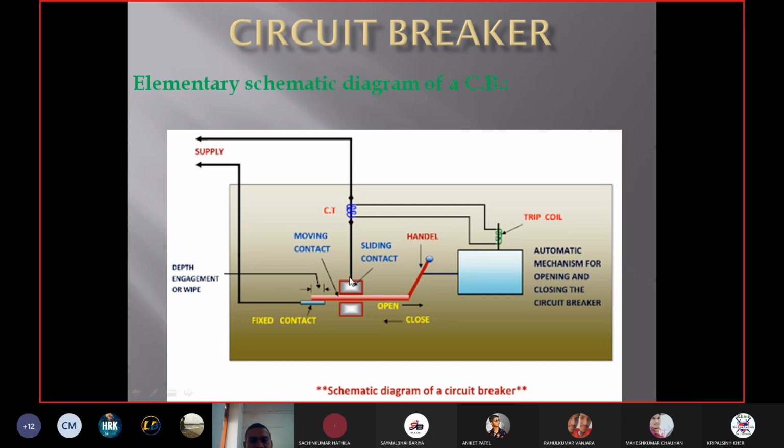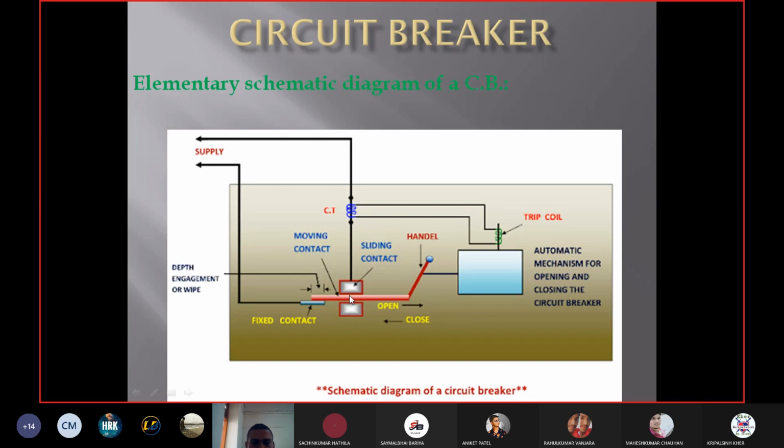One terminal of the supply is connected to the sliding contact.